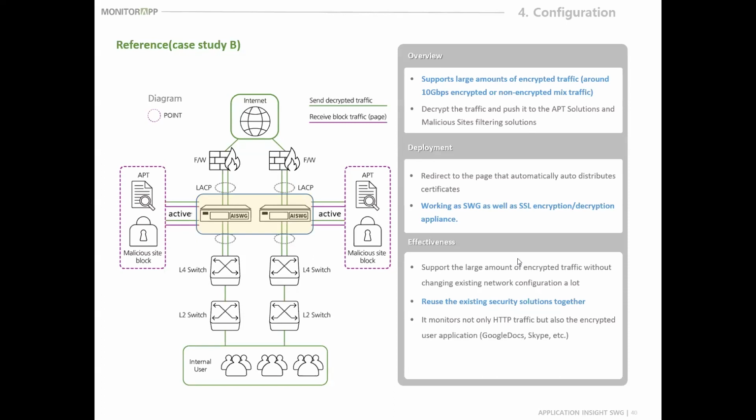Thus, we set up a cluster of two SWG appliances and pushed the decrypted traffic to the security appliance like APT. By applying this, the customer could use the SWG function as well as reuse the existing security function without additional investment.